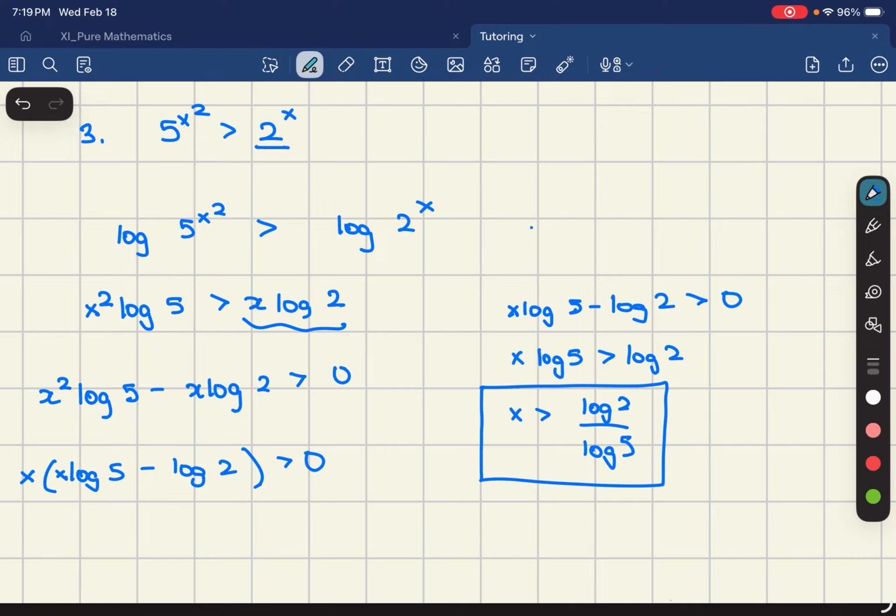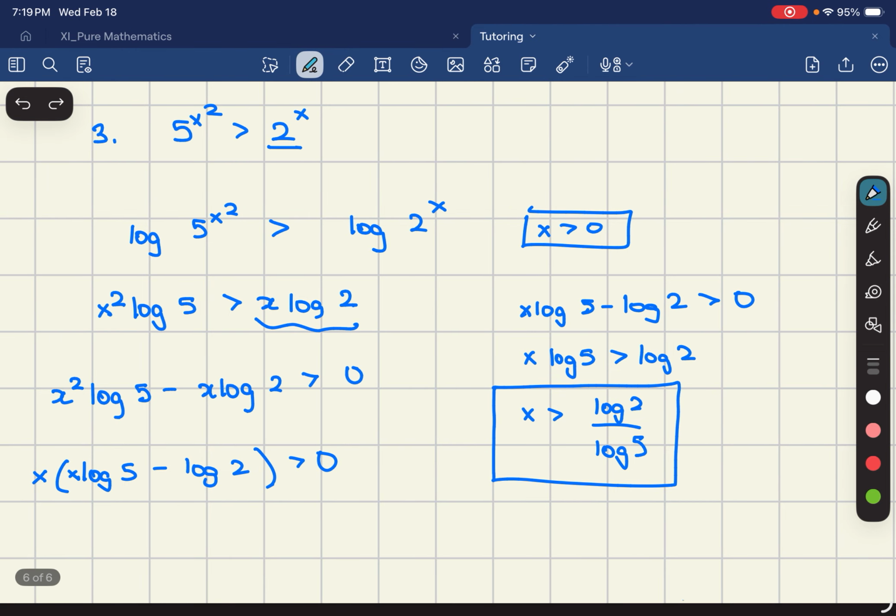Because if x has to be greater than 0, and x also has to be greater than this, then it's all the numbers that are greater than log 2 over log 5. So there are some numbers between 0 and log 2 over log 5 that do not satisfy this inequality, because we want all of our numbers to be positive and greater than log 2 over log 5. So we only choose this part.